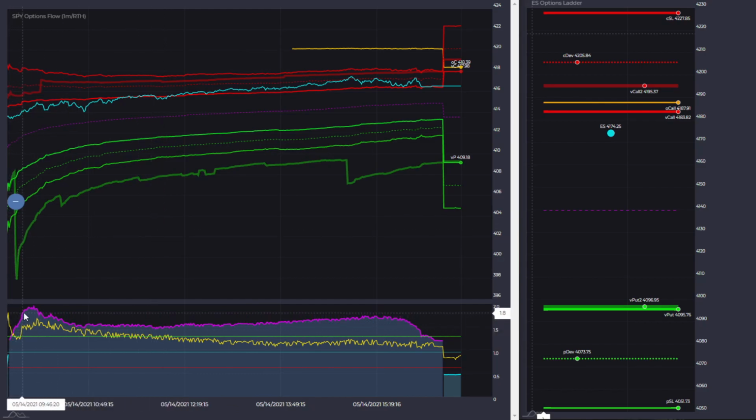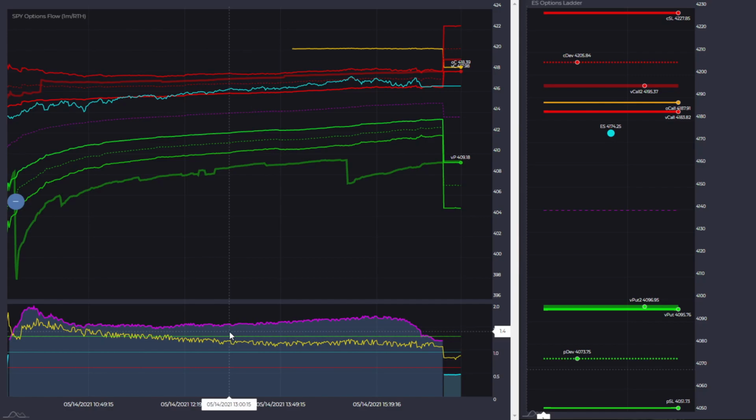Now, the other indicator, which is this violet one, is the impact of the options market on the rest of the market, right? On the equities and indexes and stuff like that. So it just measures the impact. It's not directional. You can see that it doesn't matter if it's below red in the sense of direction.